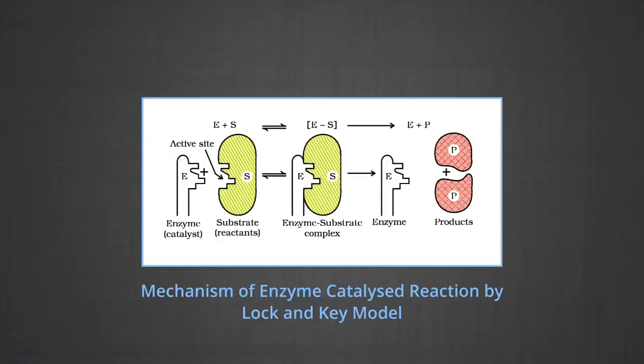The molecules of the reactants, that is substrate, which have complementary shape, fit into these cavities just like a key fits into a lock. On account of the presence of active groups, an activated complex is formed which then decomposes to yield the products. This is explicitly shown in the figure.